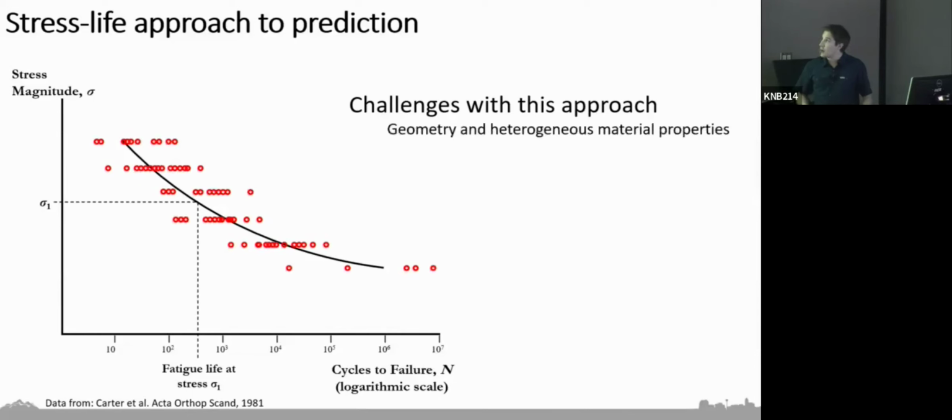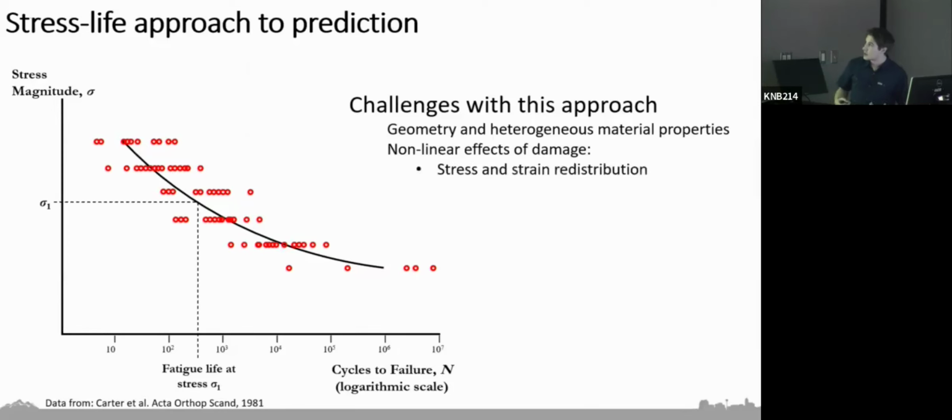And so when we're at that whole bone level, bone really has this very unique geometry and heterogeneous material properties that span that entire volume and geometry. We also, of course, have to account for those nonlinear effects of fatigue damage that we've been discussing. And so this really results in a big redistribution of stress and strain throughout every single loading cycle.